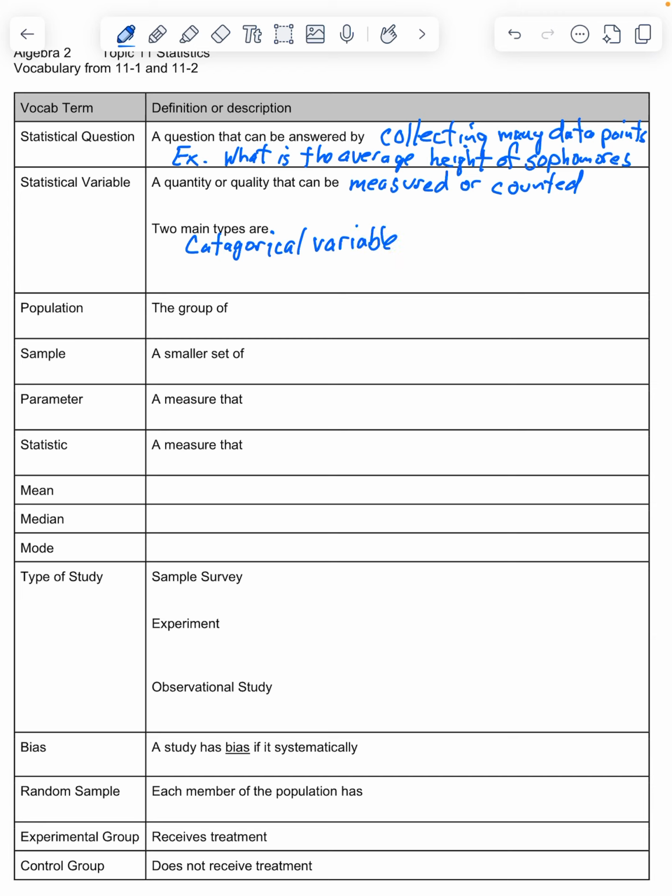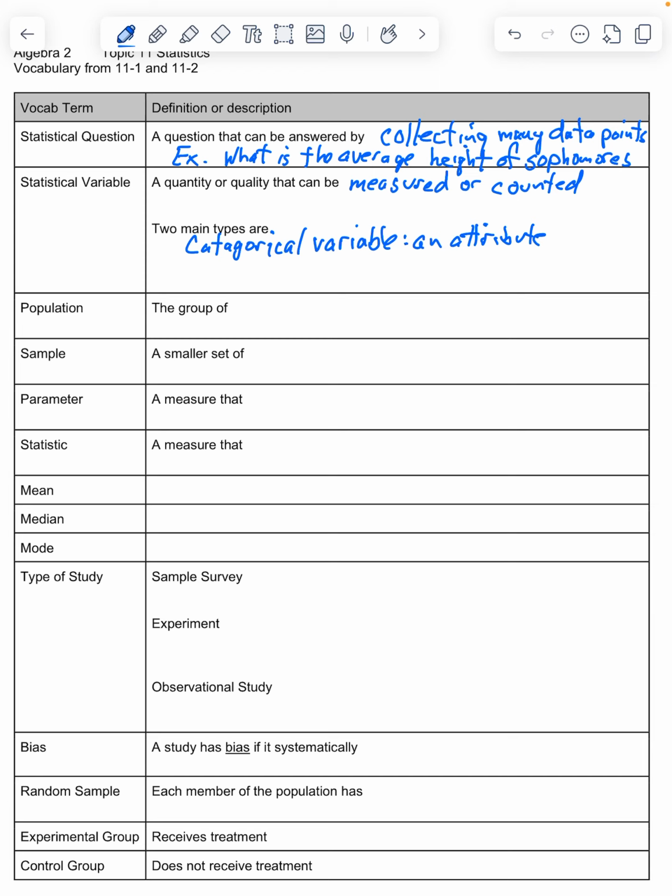That's where it's an attribute. So you usually count how many in that attribute. For instance, it would be, what category do you fit in? Like, for instance, we talked about sophomores earlier. What grade level are you in? What is your eye color? Things like that. It's an attribute.